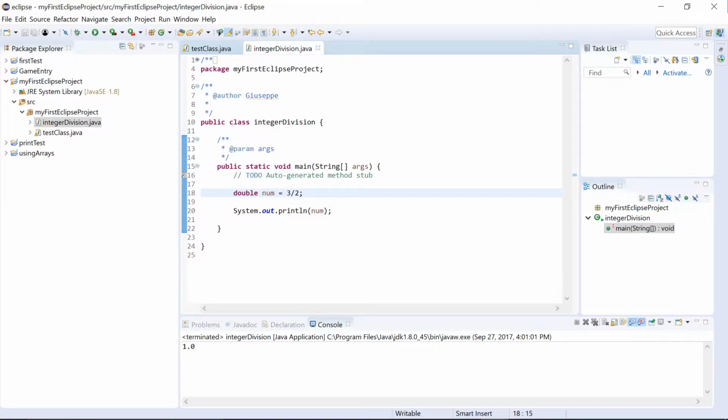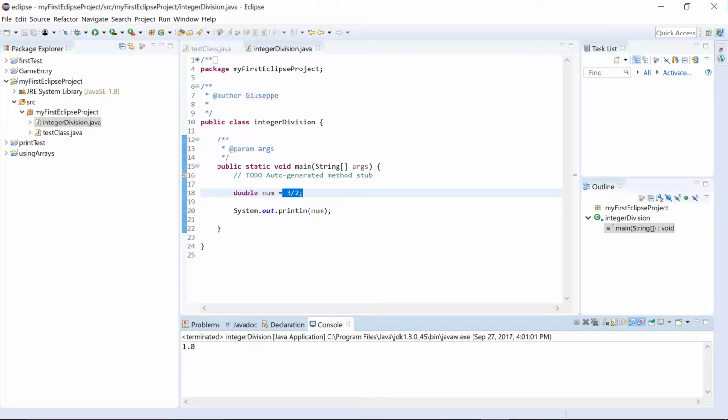What can hold an integer? So 3 over 2 is 1.5, but Java is looking at the right-hand side, 3 as an integer, 2 as an integer, doing that division as an integer, but storing it as a double, which is why we got 1.0.